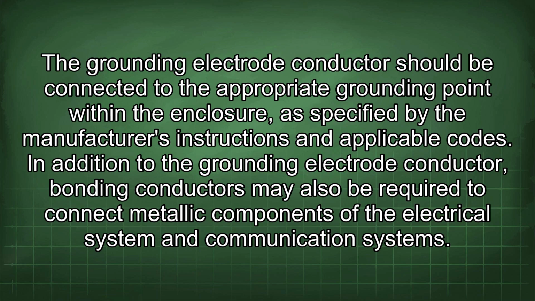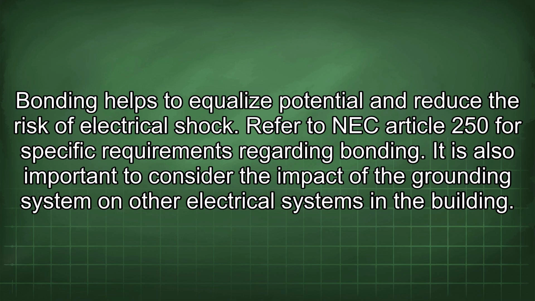In addition to the grounding electrode conductor, bonding conductors may also be required to connect metallic components of the electrical system and communication systems. Bonding helps to equalize potential and reduce the risk of electrical shock. Refer to NEC Article 250 for specific requirements regarding bonding.